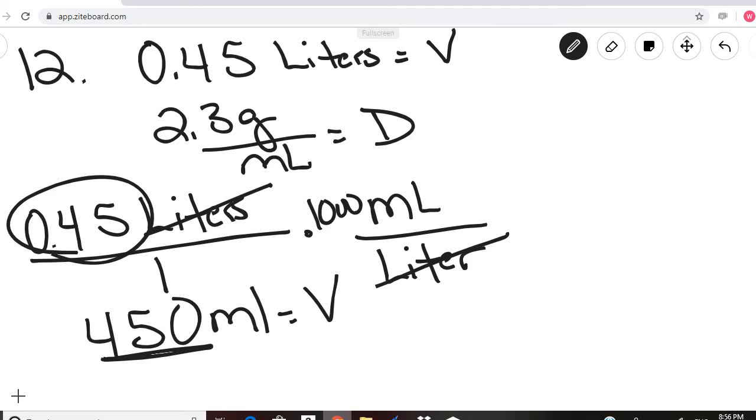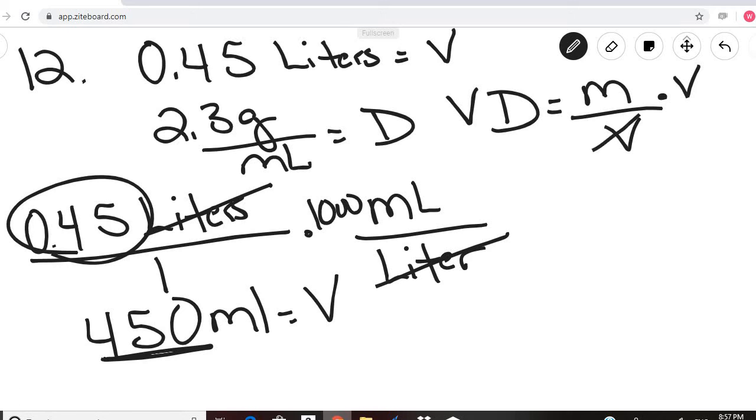Okay, so we're solving for mass. So density is equal to mass divided by volume. So to solve for mass, we're going to multiply both sides times volume. So that gets rid of that there. So the volume times the density is equal to the mass.